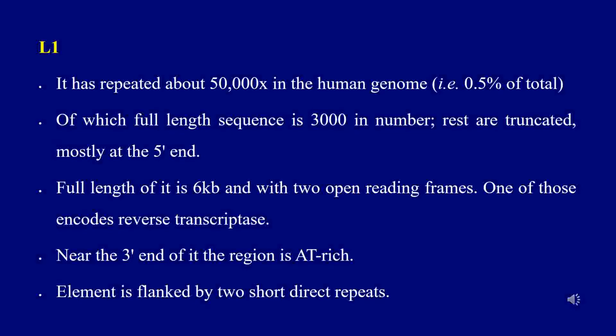However, out of them, merely 3,000 copies are of full length, and the rest are truncated, that means short, not having the full length. And this truncation is taking place mostly at the 5' end of these elements.